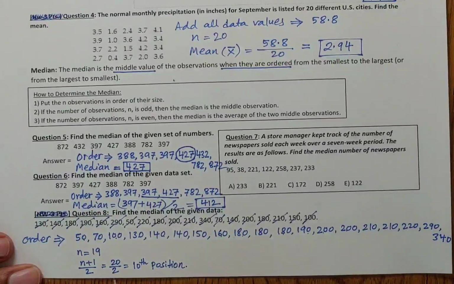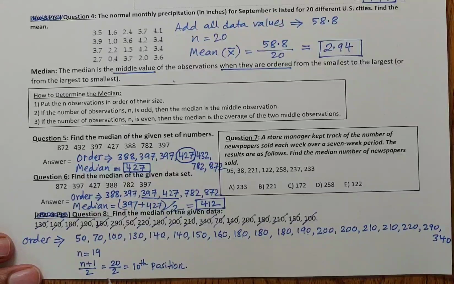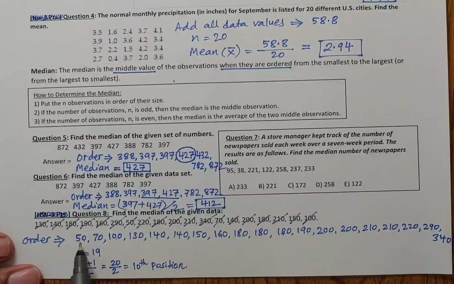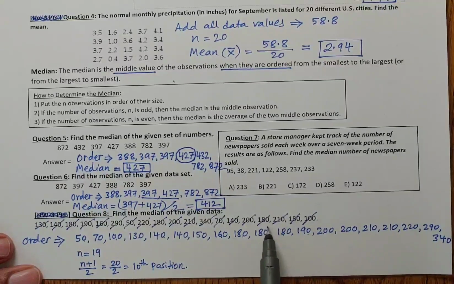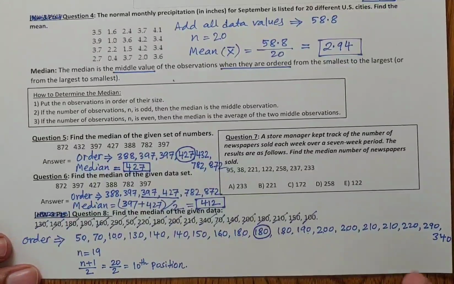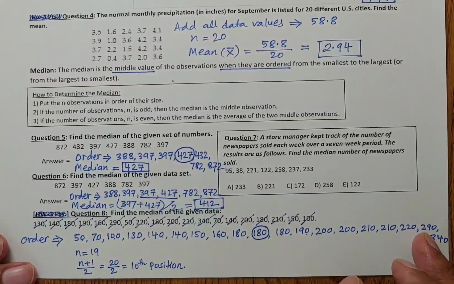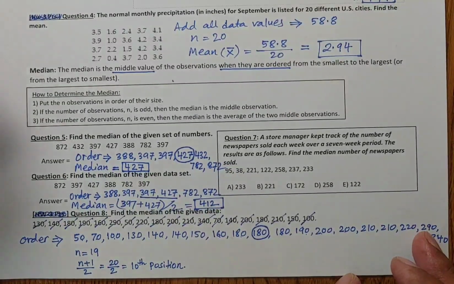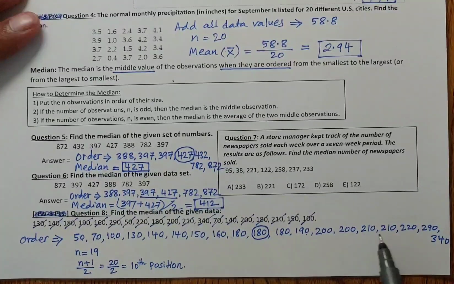You can do it this way as well. So now you count to the 10th position: 1 2 3 4 5 6 7 8 9 10. So you get this number as the middle number. So that is the median of the given data set.